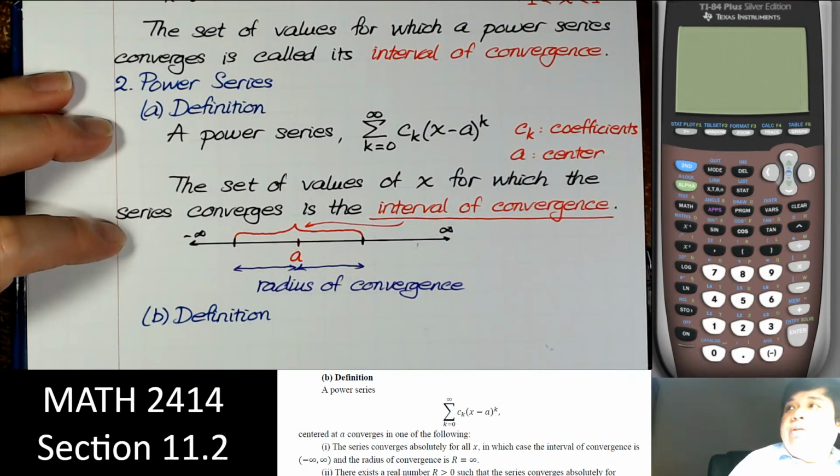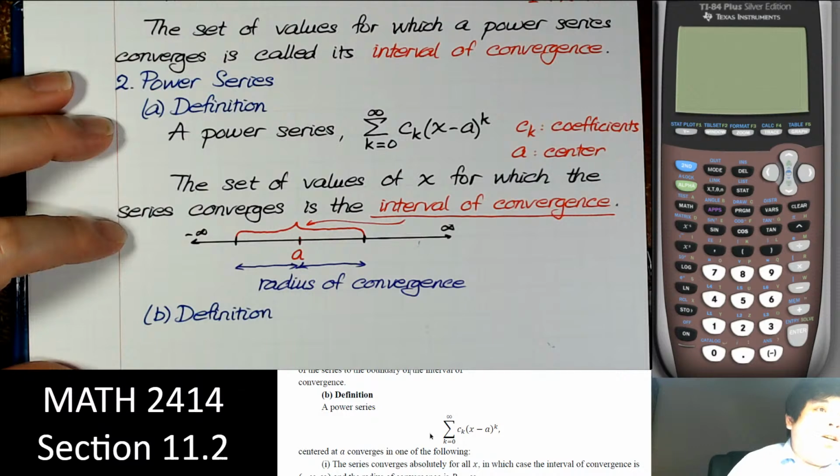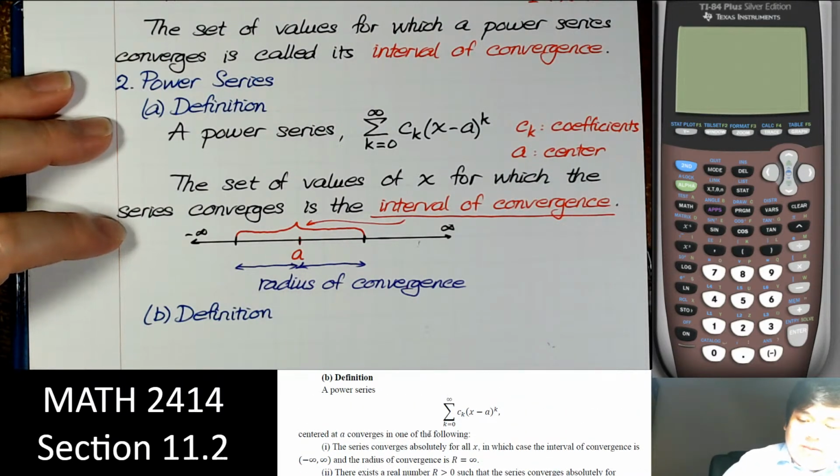Next, we have a definition. It says that there will be three cases of intervals of convergence.